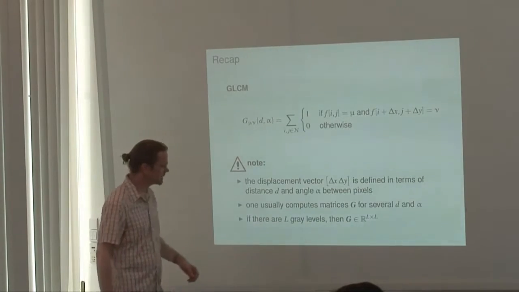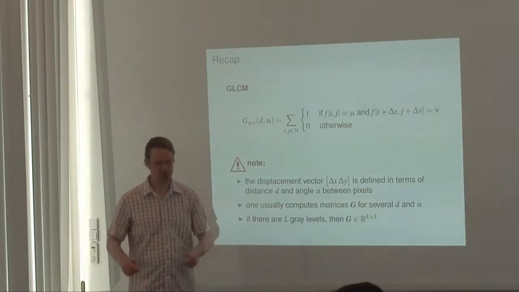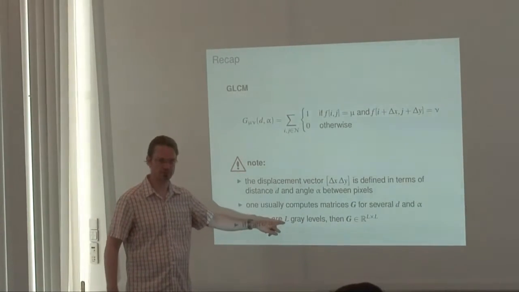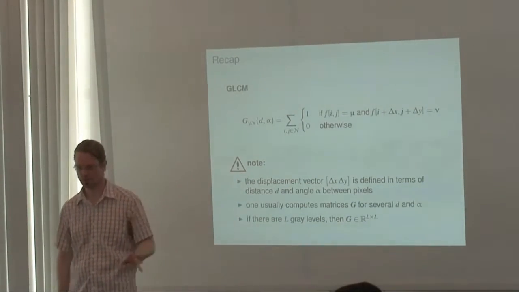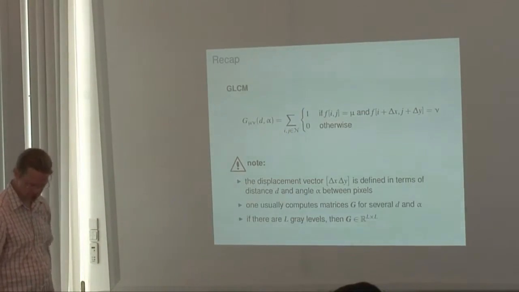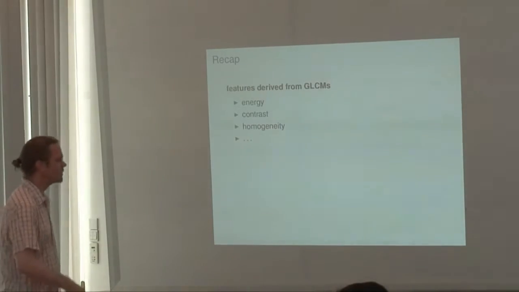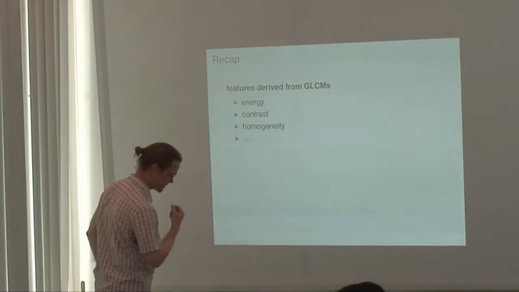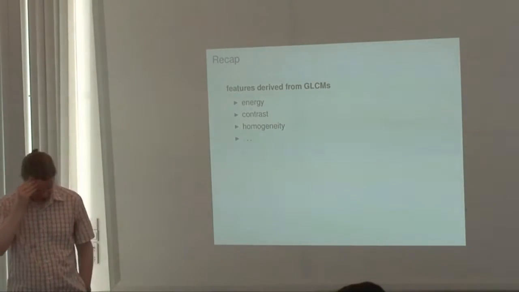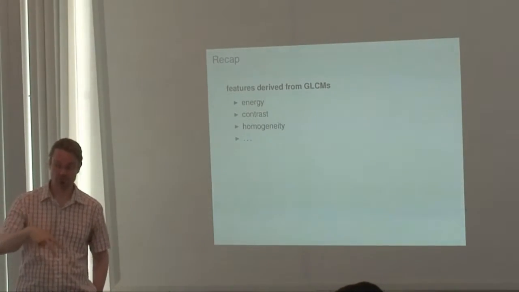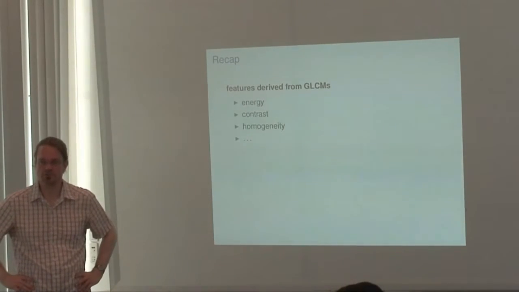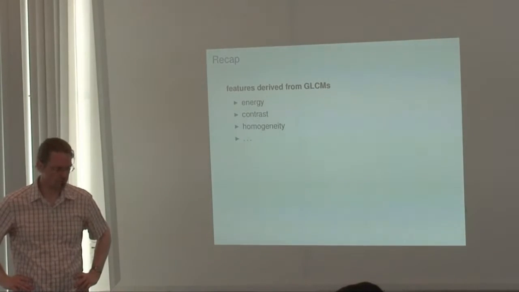And I already said it, these matrices are square and of the dimension of the number of different gray values in the image. Of course this would work with color as well, but for the sake of simplicity, once again, let's focus on intensity images. Now once we have one such matrix, we can of course try to do classification with the matrix itself, but that is a collection of 256 by 256 numbers, and if we were to further process these numbers, we could, for instance, do discriminant analysis with that.